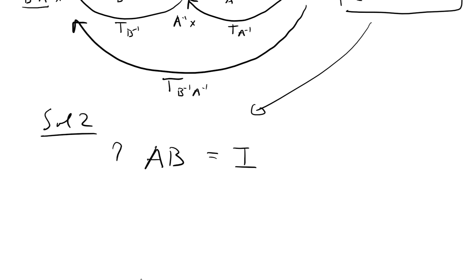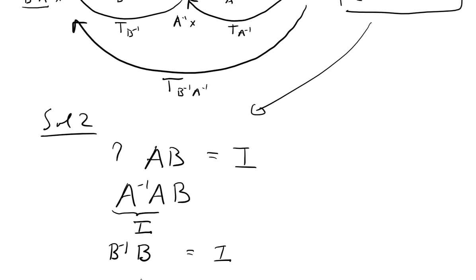So that's not the matrix we're looking for. The matrix we're looking for has everything cancel. Next to my A, I need to put A inverse. Now this gives me back I. And I times B is going to give me B. To get rid of B, I'll need to multiply by B inverse, and this is going to give me back I. So I need a B inverse here, sorry.